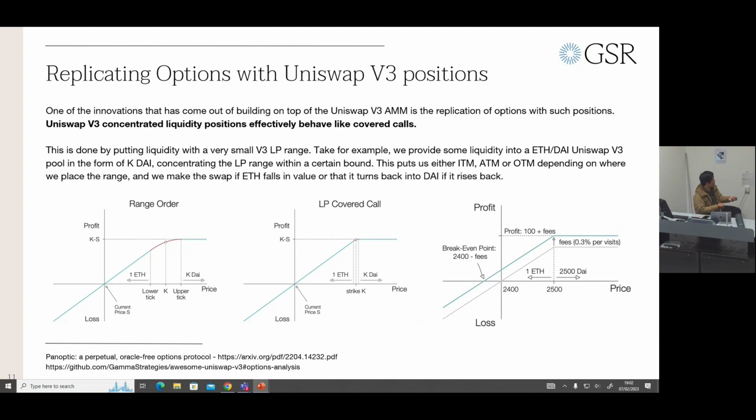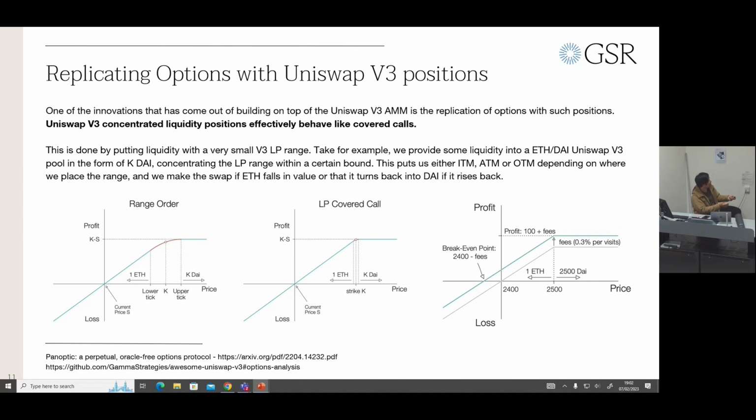We see that being quite helpful because of the automation side of the automated market maker, which buys and sells assets for us at specific prices. We're able to use it to emulate certain positions.